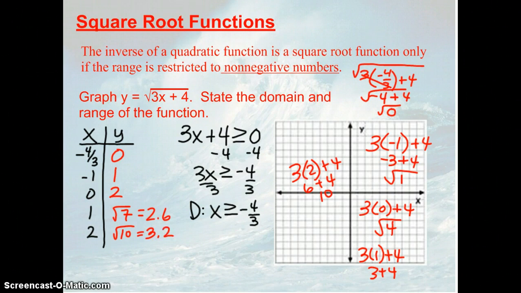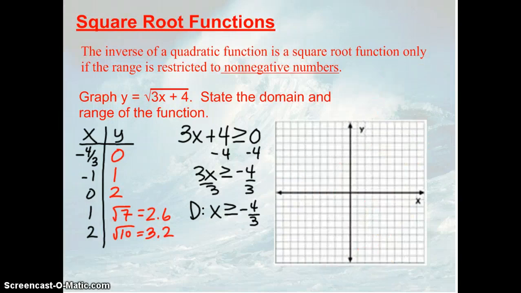So now I've made my nice XY table. And because I actually need to graph, I'm going to erase my work over here. But I've got my nice XY table. I'm going to start plotting points. Negative 4/3, 0 is about right here. Negative 1, 1 is here. 0, 2, 1, 2.6, 2, 3.2.